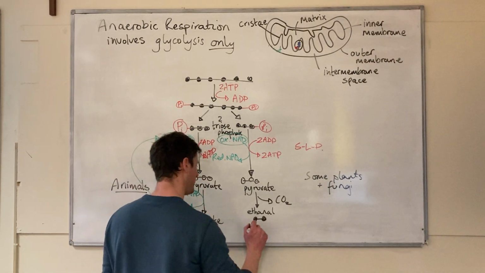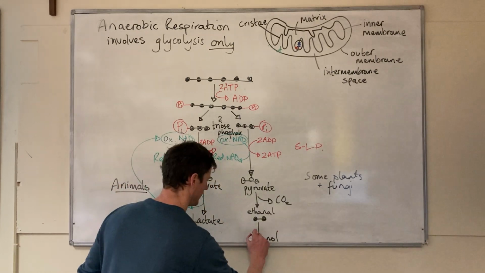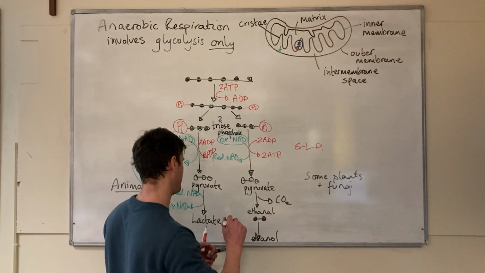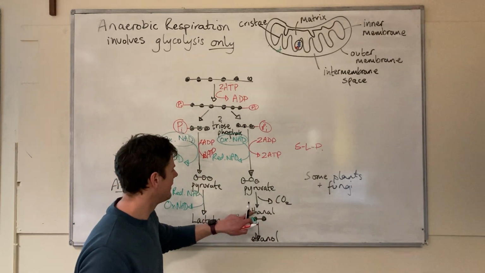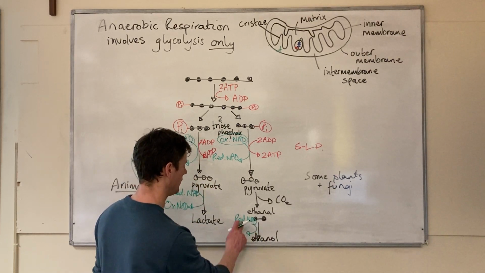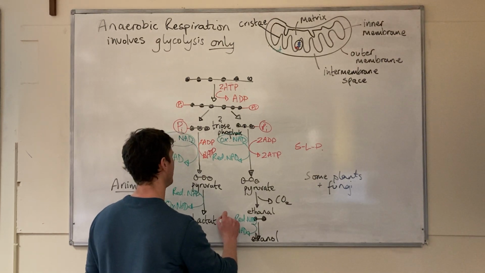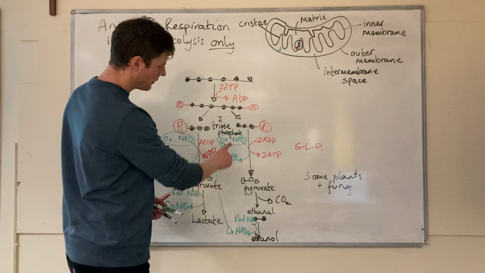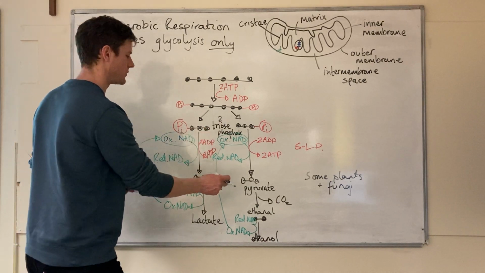Ethanal is then reduced into ethanol. So ethanal is reduced into ethanol by accepting protons and electrons from reduced NAD to form more oxidised NAD, and that oxidised NAD is then available to accept more protons and electrons during the oxidation of triose phosphate into pyruvate.